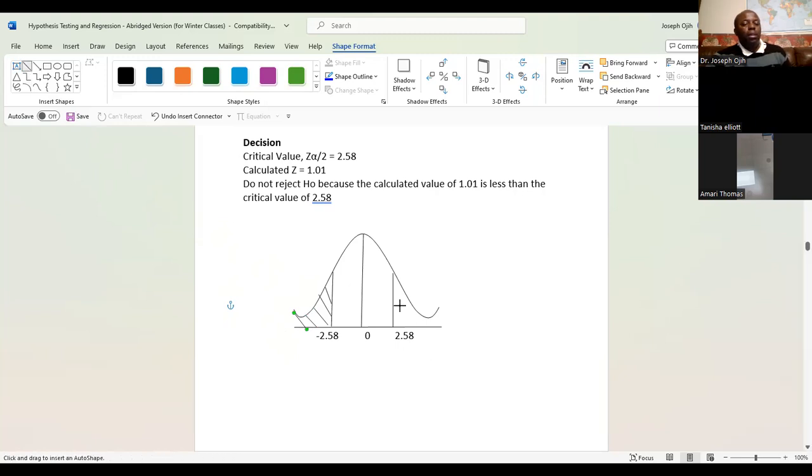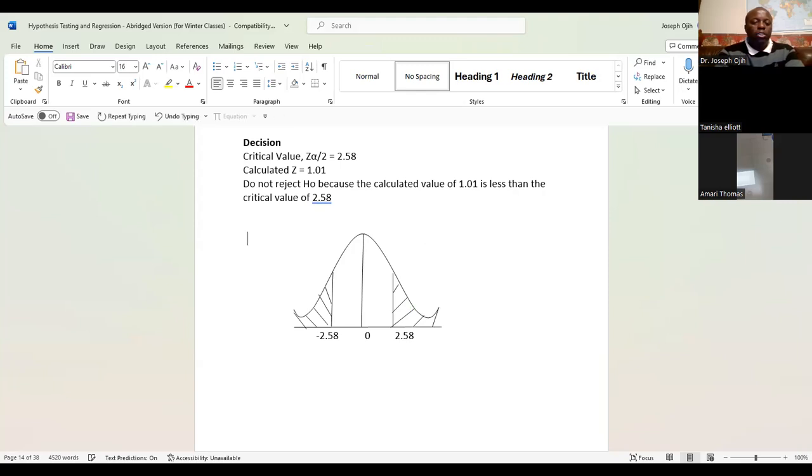You can see that it has 2 rejection regions, 2 critical regions.